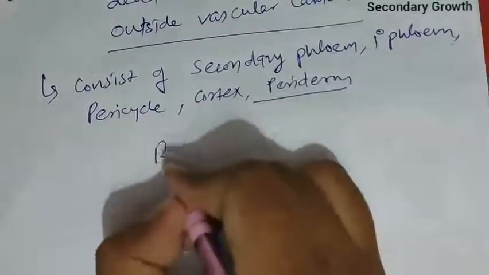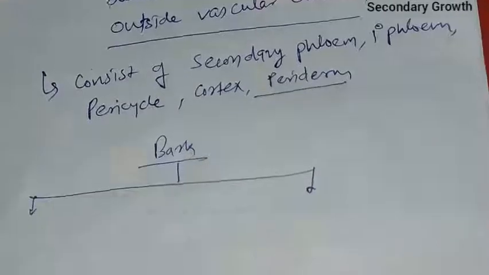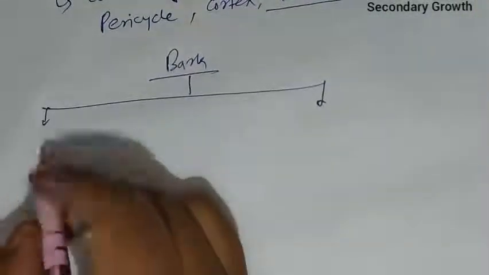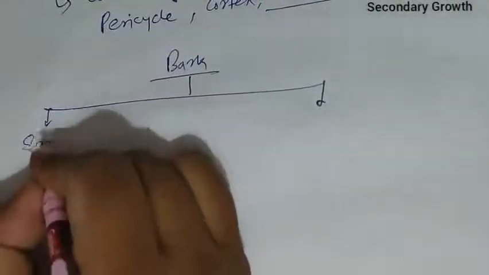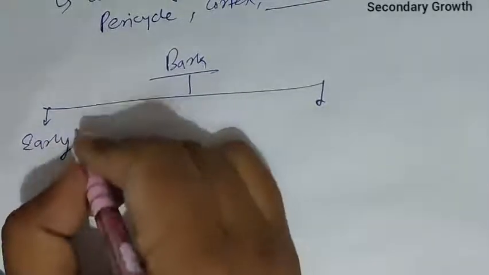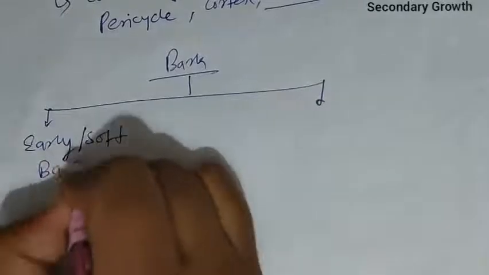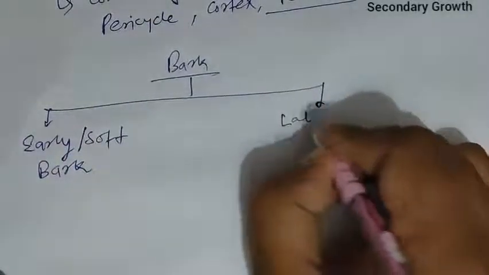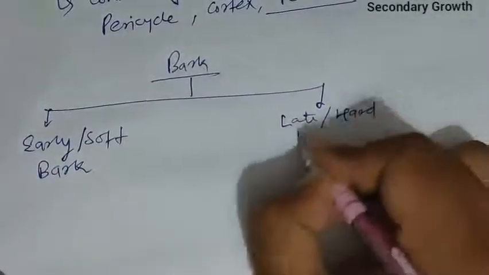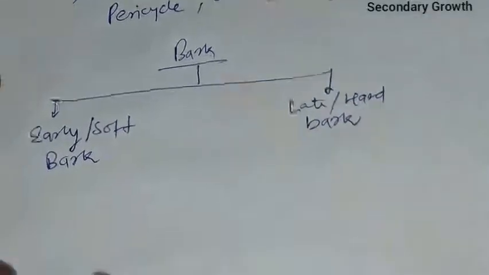Now this bark is of two types, that is early bark and late bark. Early or soft bark and late or hard bark.